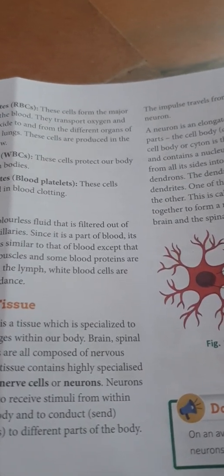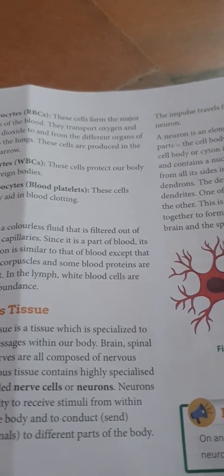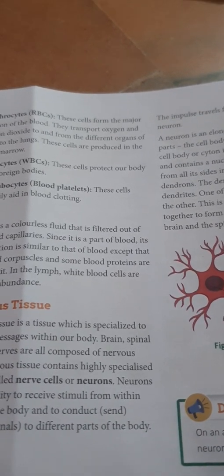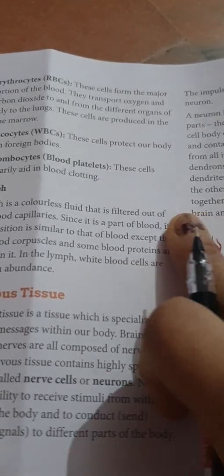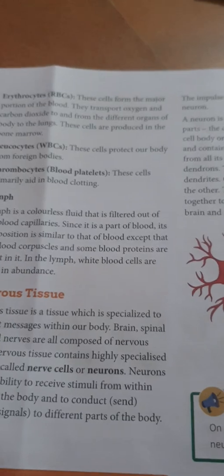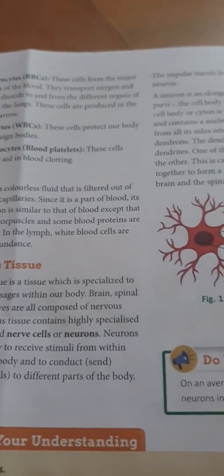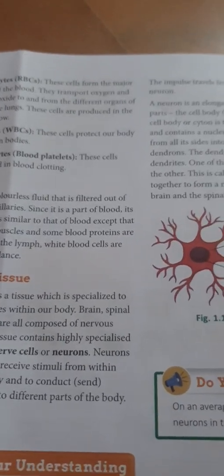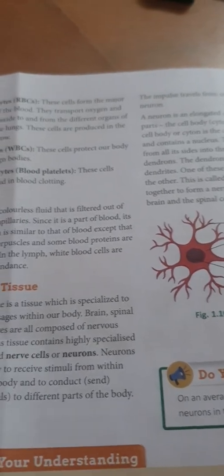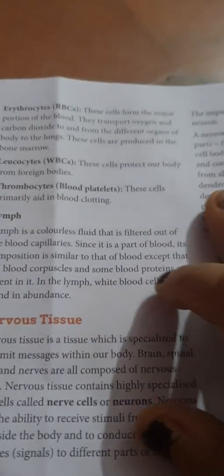RBCs are the most copious blood cells, produced in the bone marrow. Where are they produced? They are produced in the bone marrow, and their main function is to transport oxygen from and to various tissues and organs. So this was your erythrocytes.